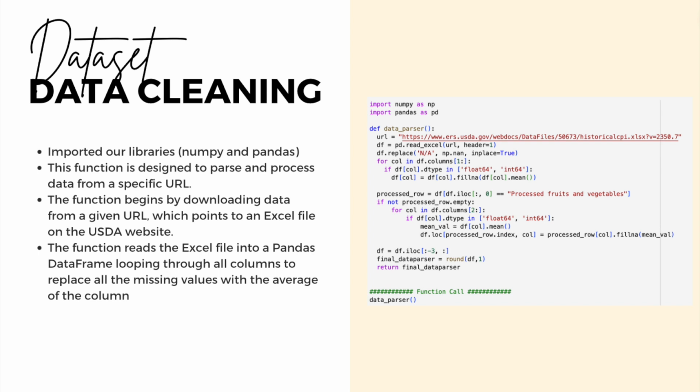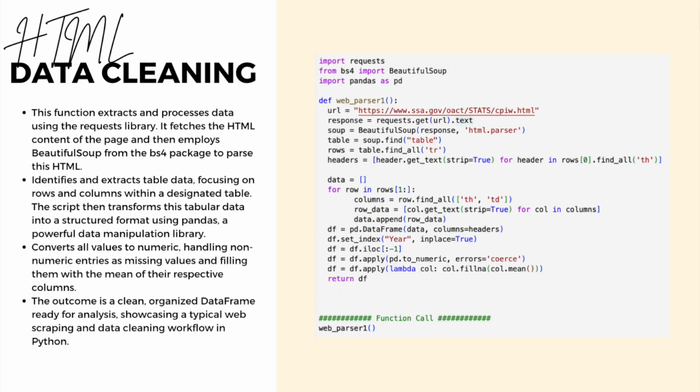So for each numeric column, it calculated the column mean and filled it in instead of the missing value. And finally, we used iloc, and with this, we removed the last 3 rows from the data frame, which were non-relevant, and were just footnotes that are often present in data sets.